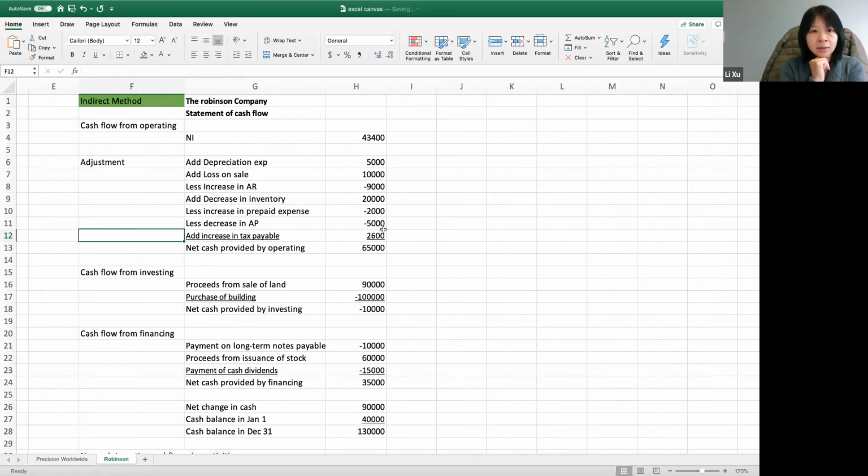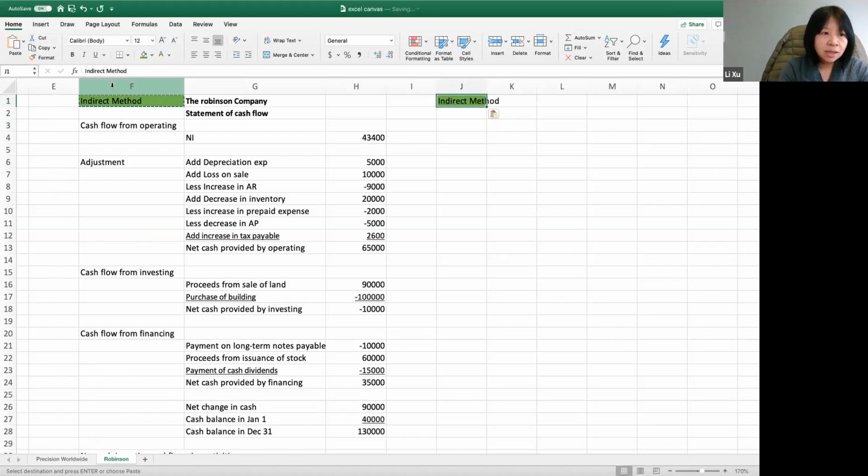Okay. For the direct method, remember, we only talk about the cash flow from operating section, because CFI and CFF are always the same under both methods, okay? So here, let's just copy paste. I want to move this to the side, and we call it the direct method.